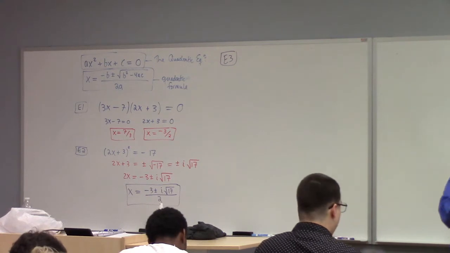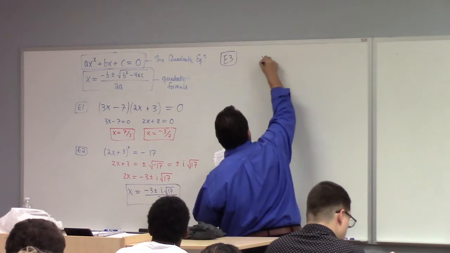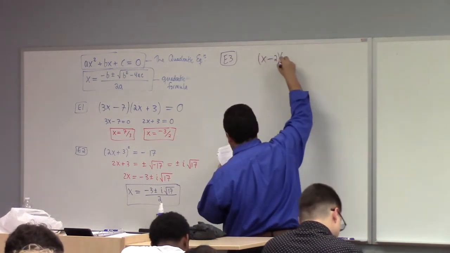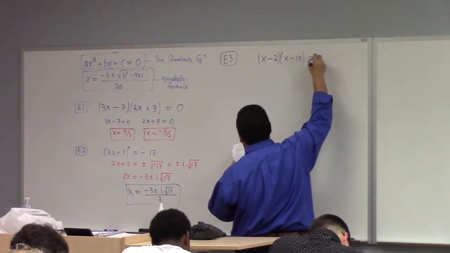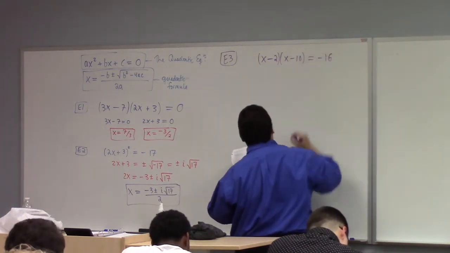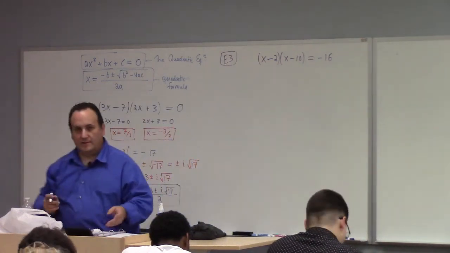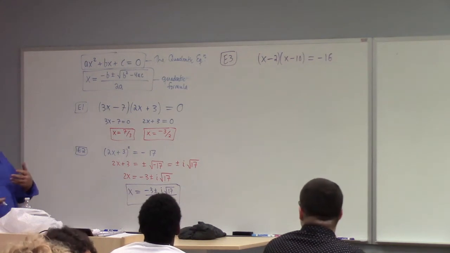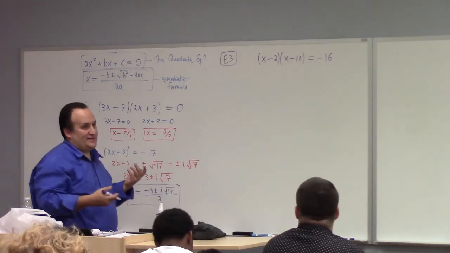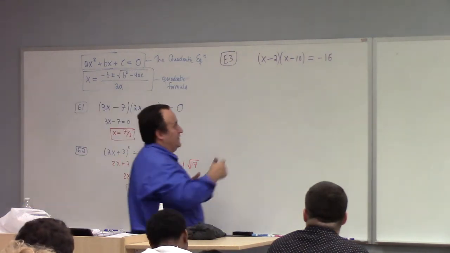Oh, there it is. So (x minus 2)(x minus 10) equals minus 16. We're told to use the quadratic formula to solve this. This is number 22 in your homework. And in my opinion, I think they've given you pretty bad advice. I wouldn't use the quadratic formula to solve this if I could help it, all right? But anyway, let's do it. We'll follow the book's instructions.